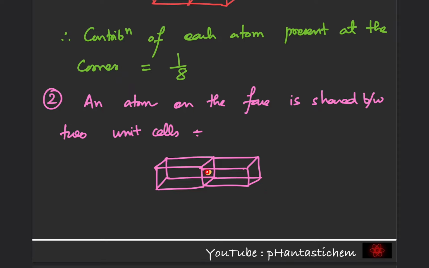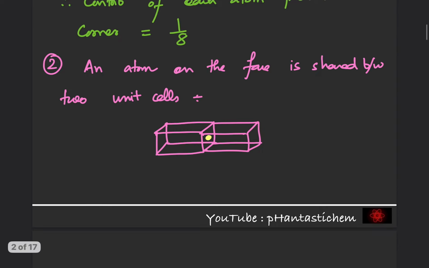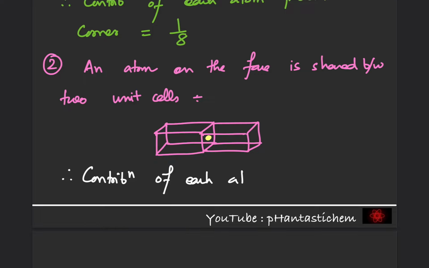So can you see this guy is being shared by both this unit cell as well as this unit cell, right? So therefore contribution of each atom on the face will be 1 by 2. Right. So in CCP or FCC, because that's what is given to us in the question.